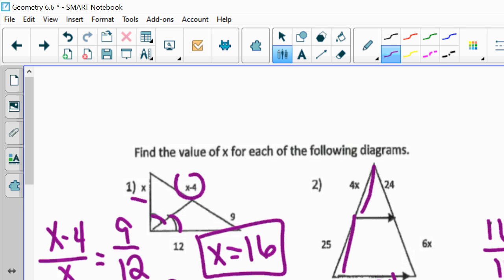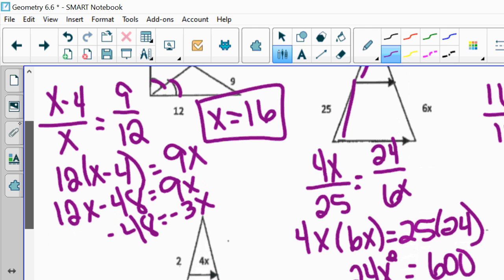So 3x times 18 is going to get me 54x. 11 times 18 gives me plus 198. 16 times 36, 576. I'll get x by itself, so subtract 198, so I get 54x equals 378. Divide by 54, x equals 7.